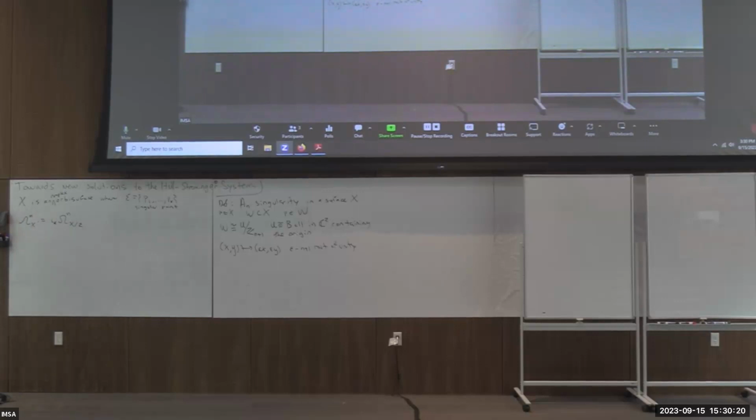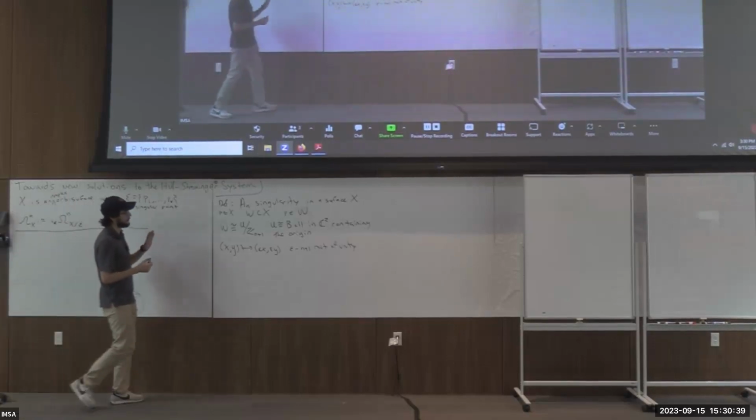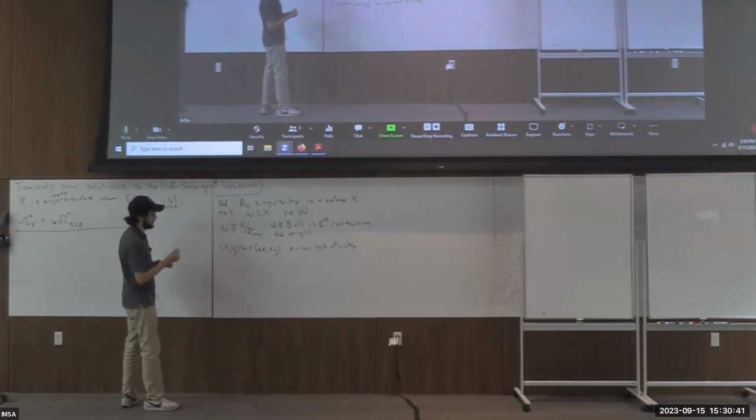Now I'll talk about what the blow-ups of these singular points look like. There are several ways to characterize these singularities.